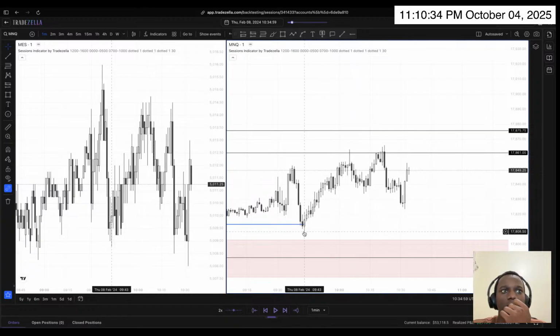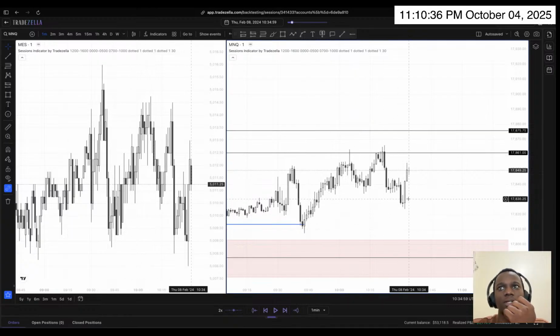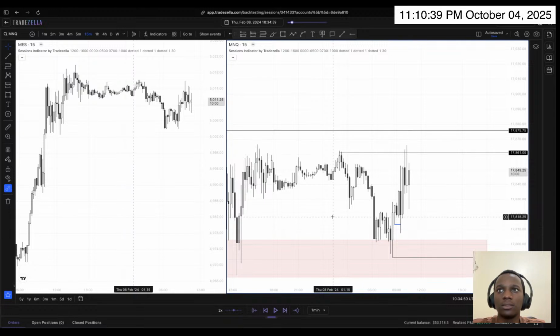We run these lows. These ones were run on ES, forming an SMT. 15-minute order block kinda.